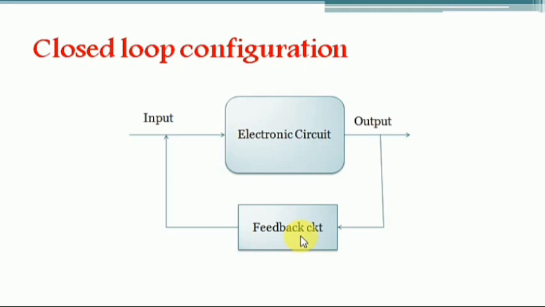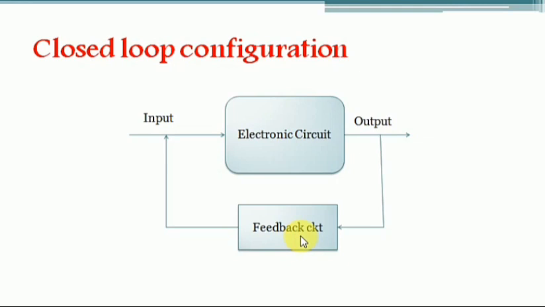In general, for smaller applications, how does the op-amp circuit look? Here I am considering a linear application. One of the major linear applications is the amplifier. For the amplifier circuit, we have to use negative feedback.